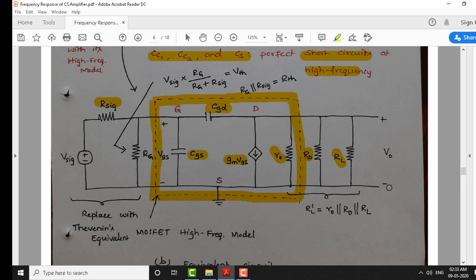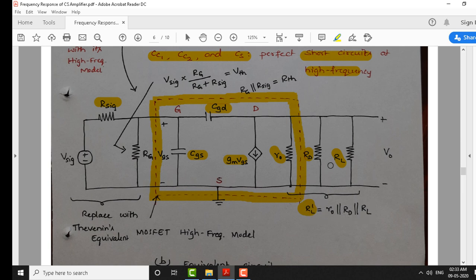Now to further simplify this circuit, these three resistances, R0, RD and RL, are going to be in parallel. We can write them as a single resistance RL dash, which is equivalent to R0 parallel with RD parallel with RL. So this is the equivalent resistance.